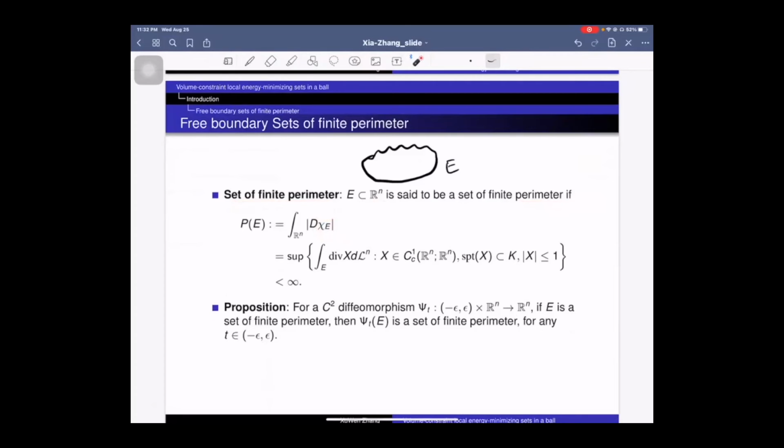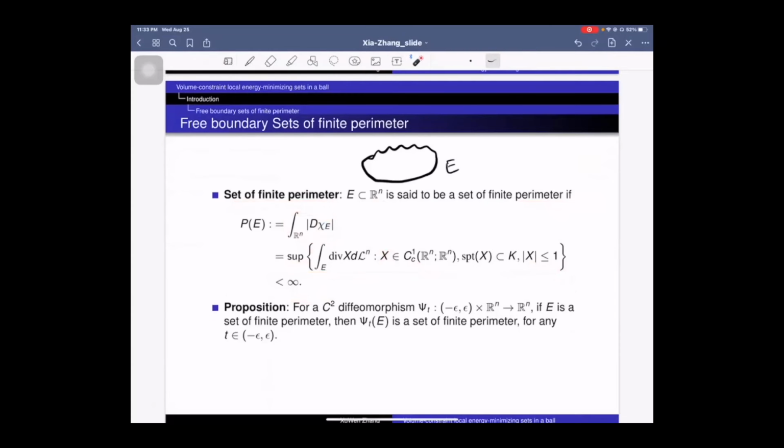And for the definition of a BV function, it is that the total variation is finite, and the total variation is given by the following definition. We take the supremum of such an integral, where X is taken to be any C^1 vector field with compact support and with its norm less than or equal to 1. This gives the definition of the total variation.